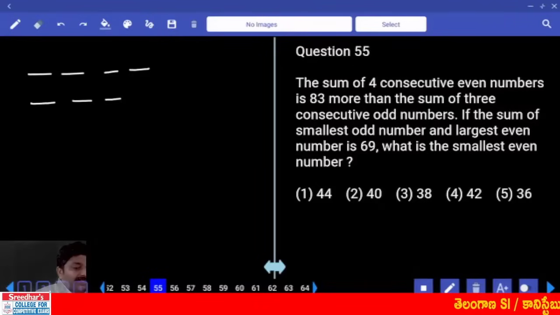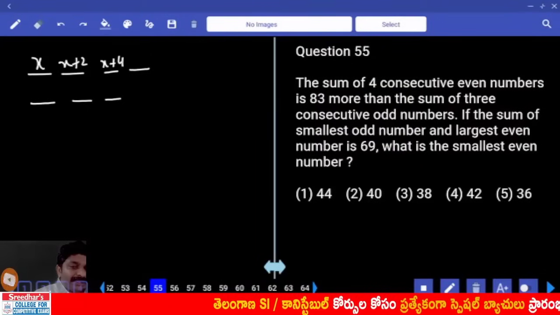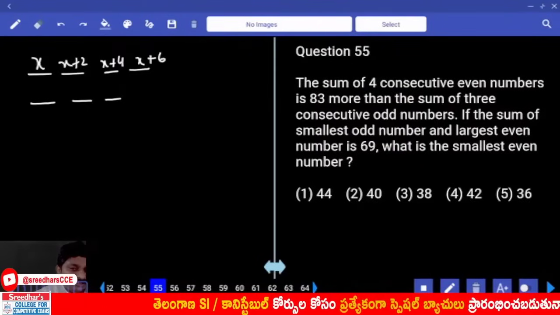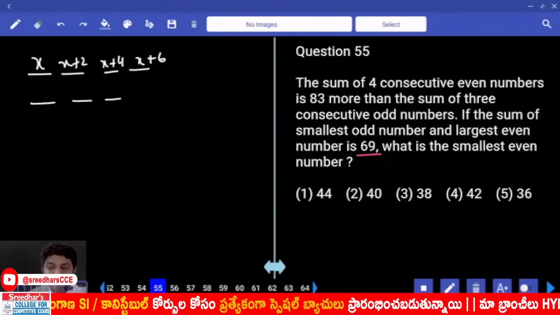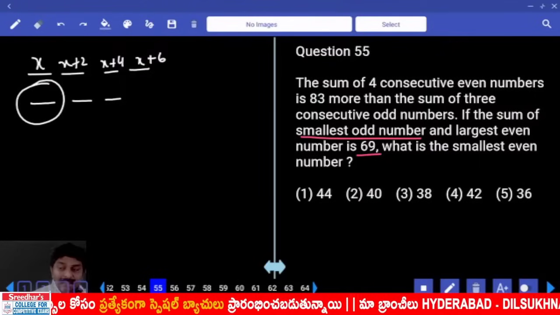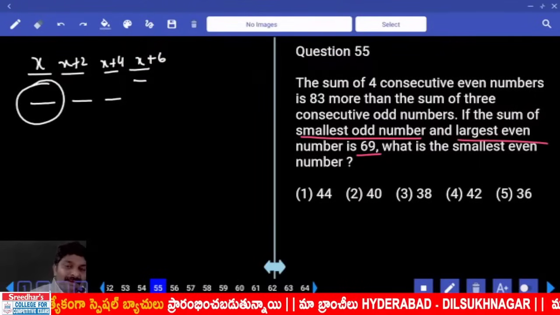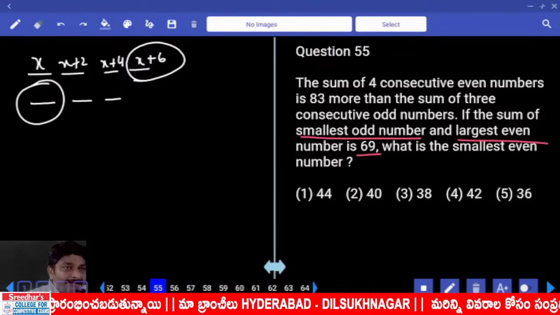Because the question is about the smallest even number, let me treat it as x. Next number x plus 2, the other number x plus 4, the other number x plus 6. And information wise it is said that the sum of the smallest odd number, that is this fellow, and the largest even number, and this fellow, sum is equal to 69.